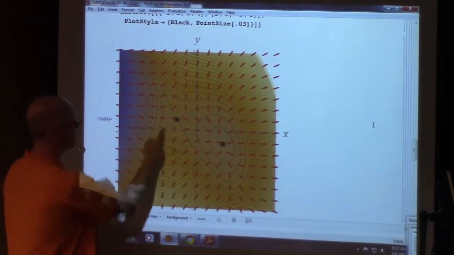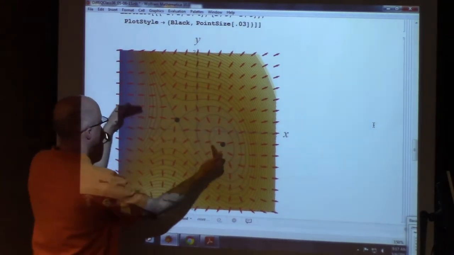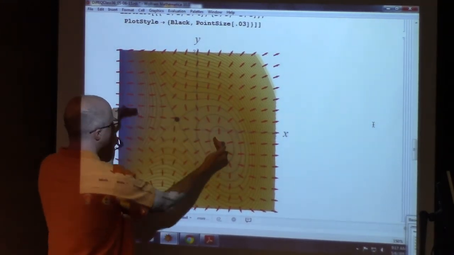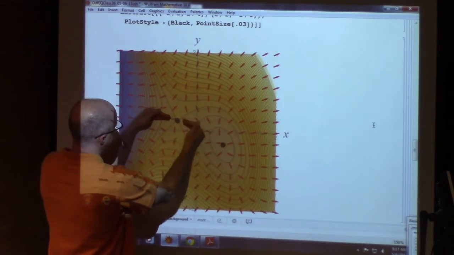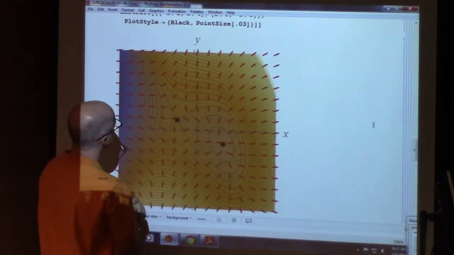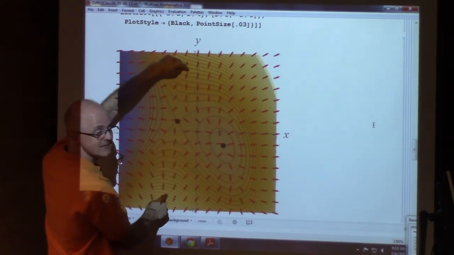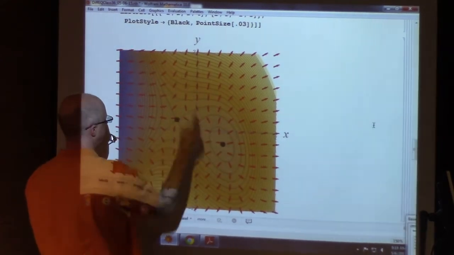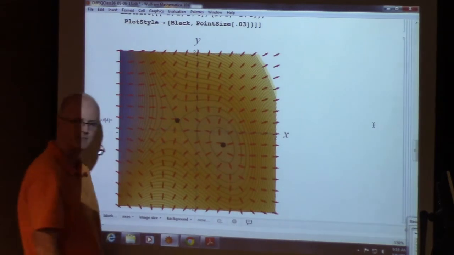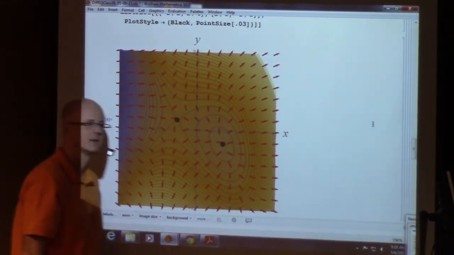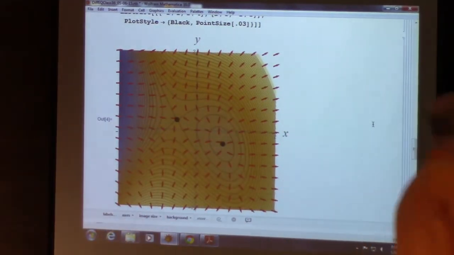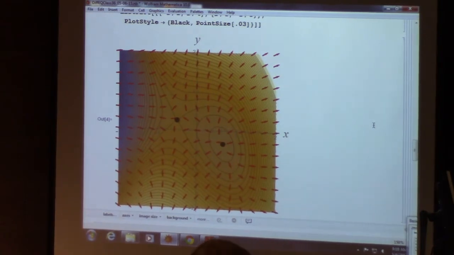Looks like this point's probably a saddle point. Going towards it there, some sort of stable separatrix, about like that. If you look at the arrows, and some sort of unstable separatrix about like that. Solution curves going like this in between the separatrices. StreamPlot will show that more vividly.